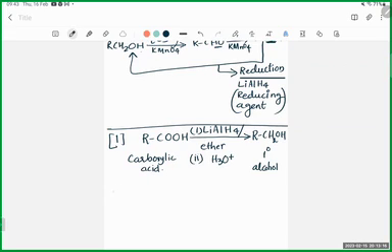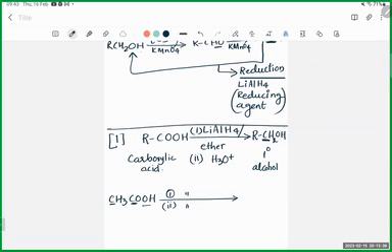So you write the product from this RCOOH with lithium aluminium hydride first, and the second step is acid hydrolysis. What will be the product? See, the number of carbons will not be disturbed, it will be as it is. COOH is replaced by CH2 and OH, that's all.